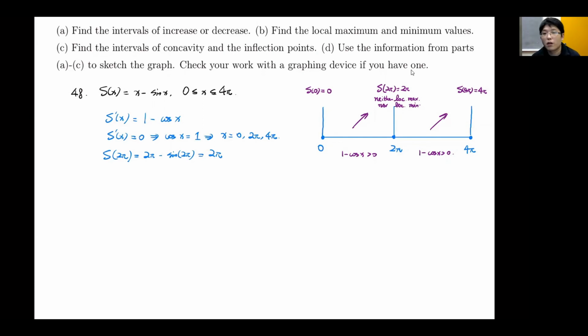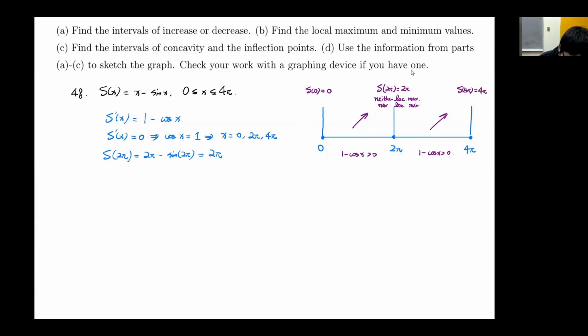Moreover, you should probably know that the derivative also takes 0 over here, so if you draw the graph, the tangent is horizontal also at these two points. Okay, so let's see what happens next.